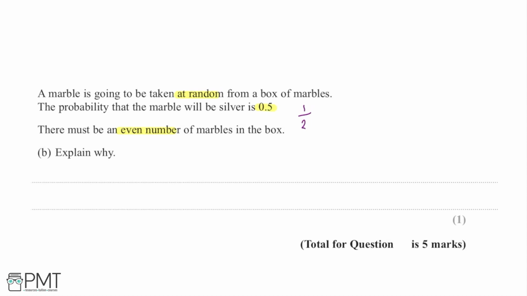So if we're to half an odd number, it's never going to give us a whole number. So for half a number to be an integer, the original number must be even, and you can't have half a marble. So this means that there must be an even number of marbles in the box in order for this to work and for there to be able to be a probability of a half.